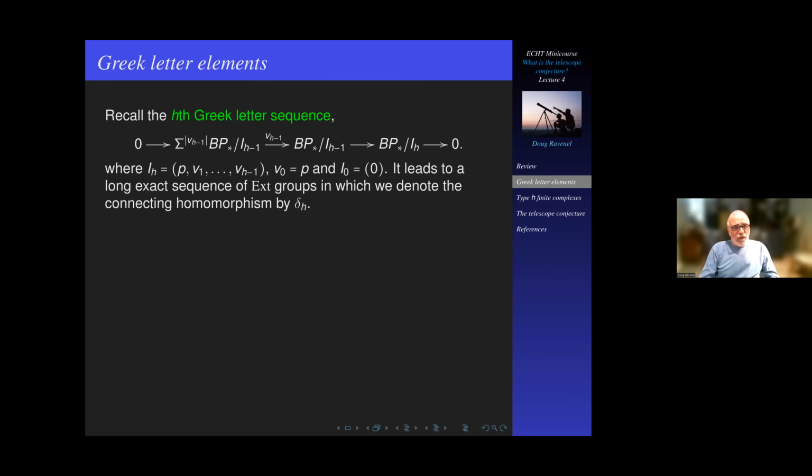Now, each such short exact sequence leads to a long exact sequence of Ext groups, in which we will denote the connecting homomorphism by delta_h. So delta_h goes from an Ext group for BP_*/I_h to an Ext group one degree higher for BP_*/I_{h-1}.